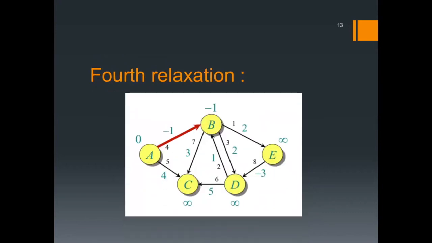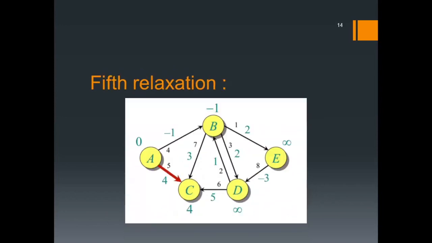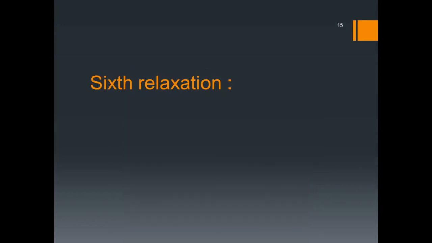And then the fourth relaxation, that is 0 minus 1 is equal to minus 1, and minus 1 is obviously less than infinity, and that's why B will be minus 1. After that, A to C, and that is 0 plus 4 is equal to 4, and 4 is obviously less than infinity, and that's why C will be 4.